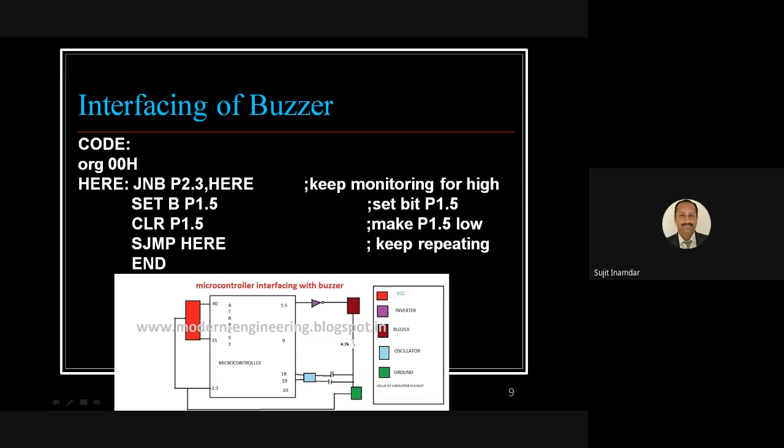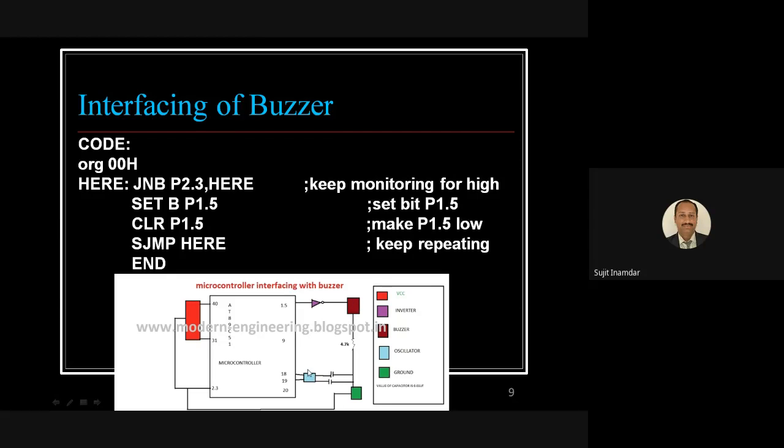So what is the meaning of this small code for interfacing the buzzer? If you look at the diagram, 1.5, that is port 1 and pin number 5, is being used for the connection with the buzzer. You can see the cursor of the mouse here, this is what has been connected, that is 1.5.